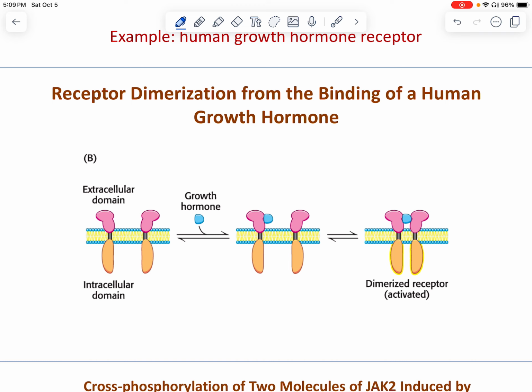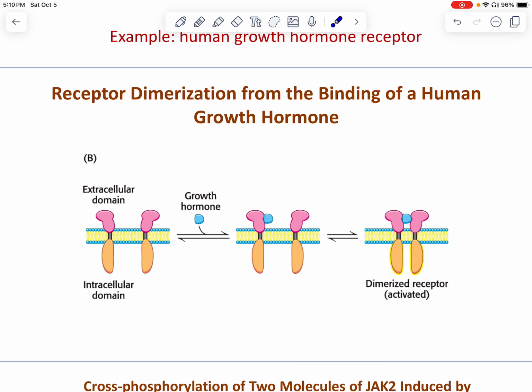So we have two monomer units. Each exists as a monomer, and each has multiple domains. The pink is our extracellular domain. The orange is an intracellular domain. And then we've got this domain that spans the lipid layer. In this case, that's a single alpha helix unit that spans that lipid layer.